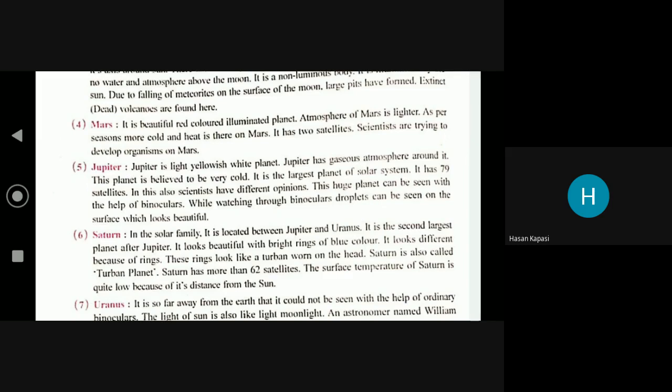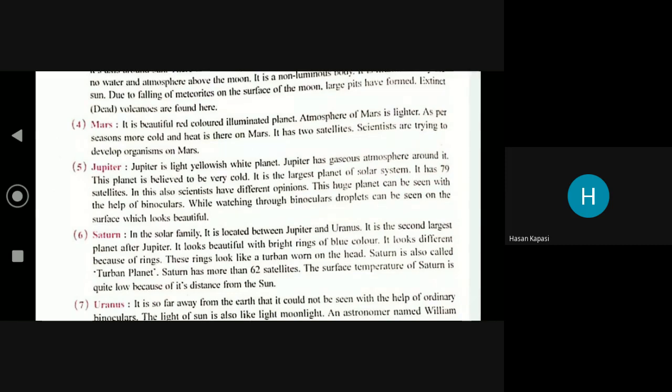Fifth, Jupiter. Jupiter is a light yellowish planet. Jupiter has a gaseous atmosphere around it. This planet is believed to be very cold. It is the largest planet of the solar system. It has some satellites. In this also, scientists have different opinions.